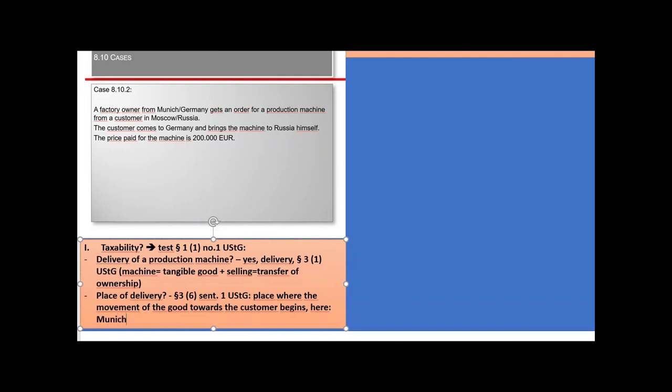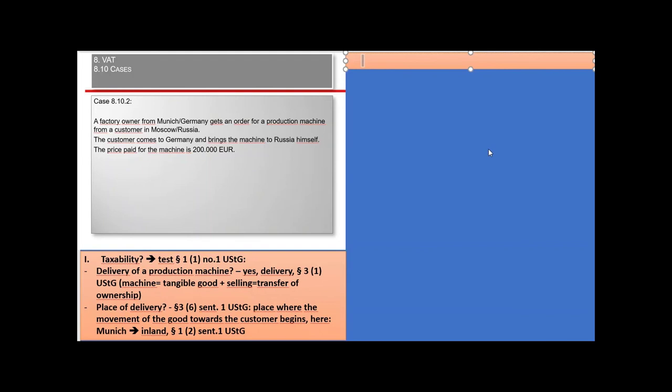Here, Munich, that is inland under paragraph 1 sentence 1. Here we end up with a very easy conclusion, because the conclusion is taxable.